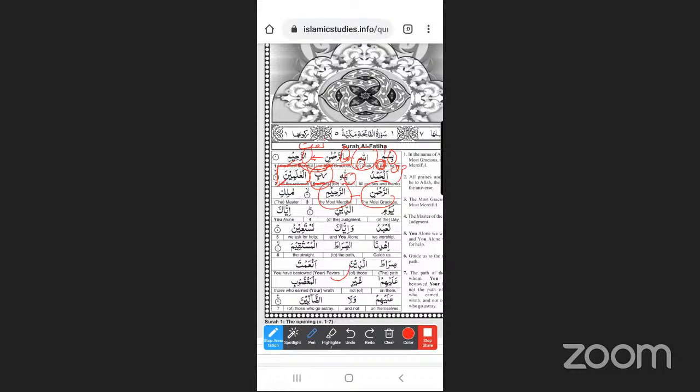And again, Yom is Mudaf and Ad-Deen is Mudaf ilayhi. So you can see Maliki, mudaf, mudaf ilayhi. Whenever you see of, it shows belongingness. Day of, master of the day of judgment. Mudaf, and then again mudaf ilayhi. That's why it has the E sound. Okay, so now we know why there is an E sound.